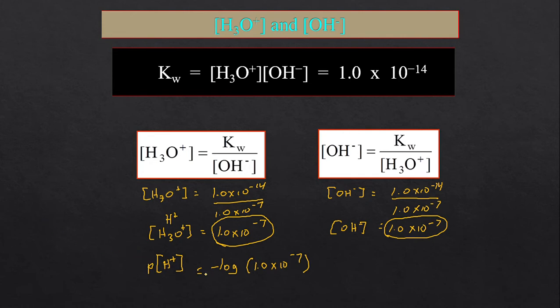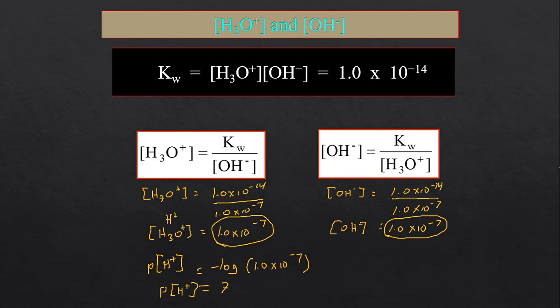So, we will get, ang negative logarithm ng, ano to? Ng 1.0 times 10 to the negative 7. This is equal to 7. Kahit kunin nyo pa sa calculator ninyo.